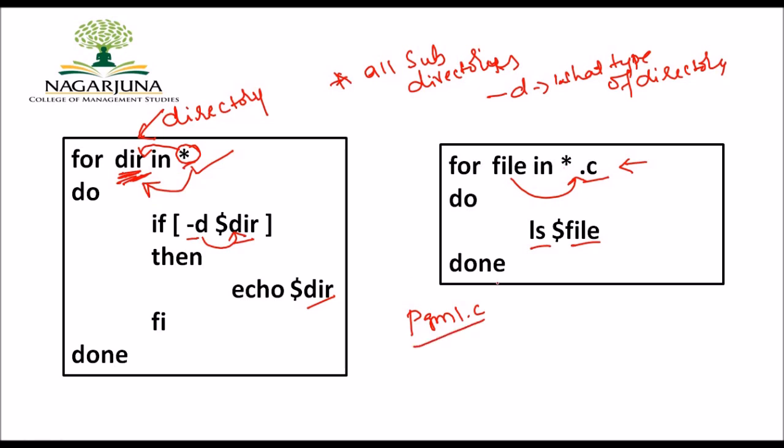Yes, pgm1.c is present, and this particular pgm1.c will be listed out, and again the control is given back to your for loop, which checks if a file with .c exists or not. So it is going to list out all the files whose extension is .c, or which are C program files, present in the directory. So this is how you make use of your for loop.